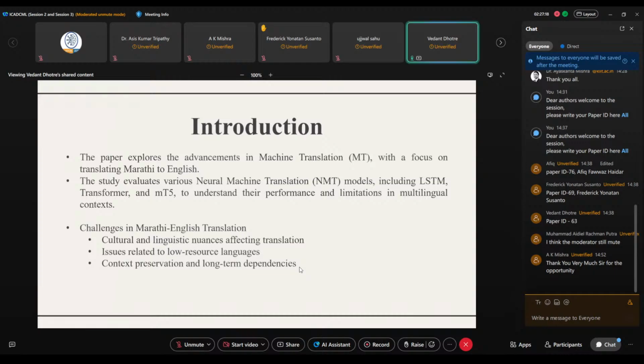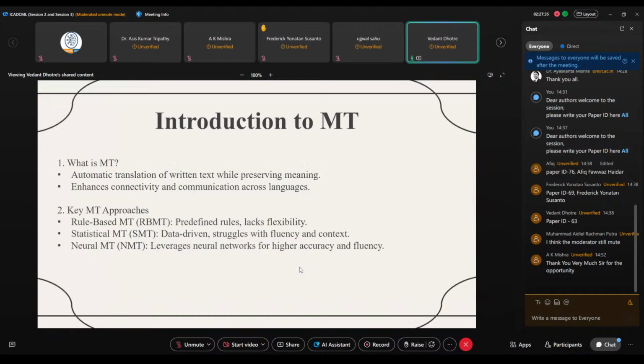The challenges in Marathi to English translation are essentially the cultural and linguistic nuances which affect the translation, and the issues related to these low-resource languages. There's also the problem of context preservation and long-term dependencies, as we see in RNNs.